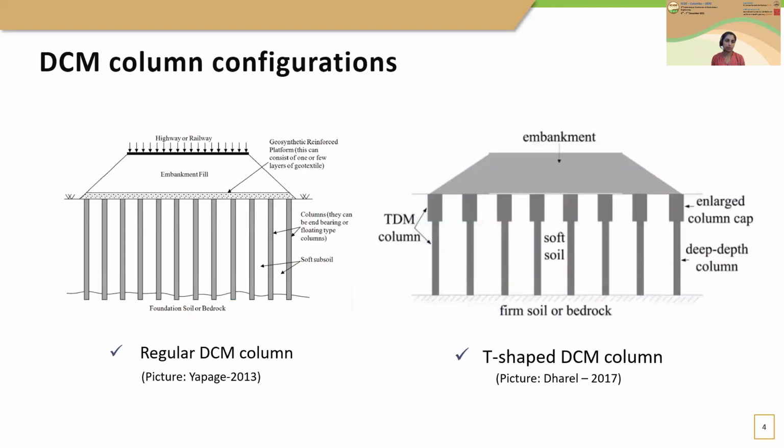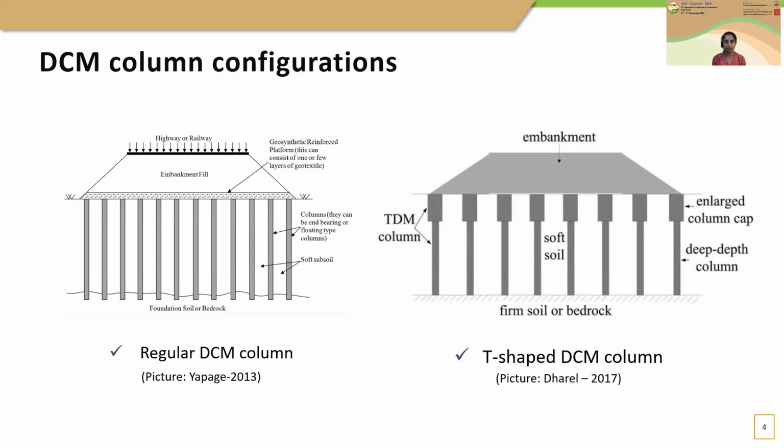A common problem found when using deep cement mixing technology is high differential settlements between the native soil and the improved DCM column. To overcome this, usually a load transfer platform is used along with geosynthetic reinforcement. However, in recent years, new column configurations have been proposed as an option to this load transfer platform.